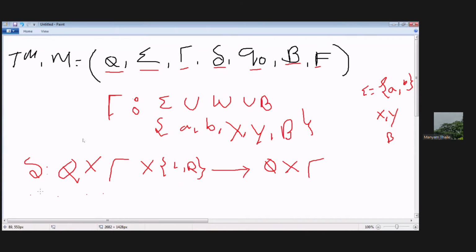So this is the transition function of a Turing machine. What is the state name? Tau alphabet. Now the read write head is moving left or right. Now it goes to the state q and some tau alphabet. So this is the definition of the Turing machine.